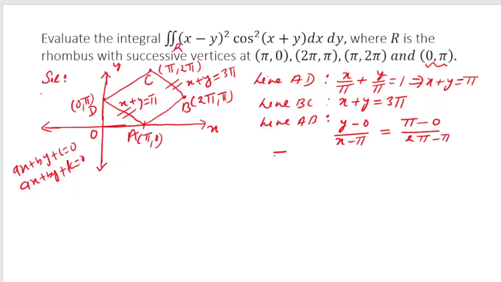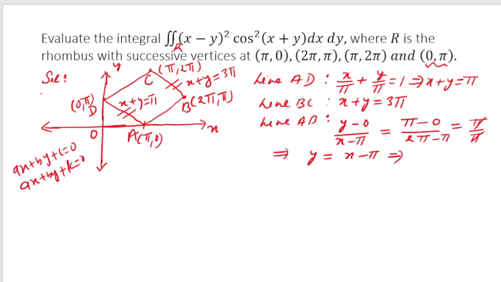So I will get what? I will get x minus pi, and this is pi by pi, so that cancels. So I get y is equal to x minus pi.